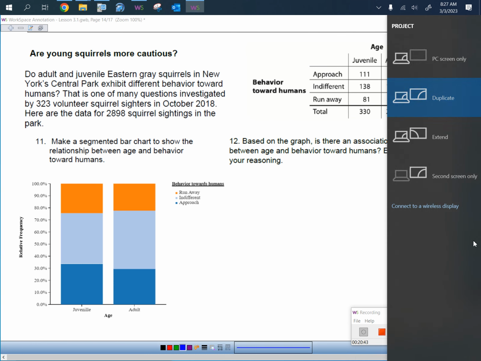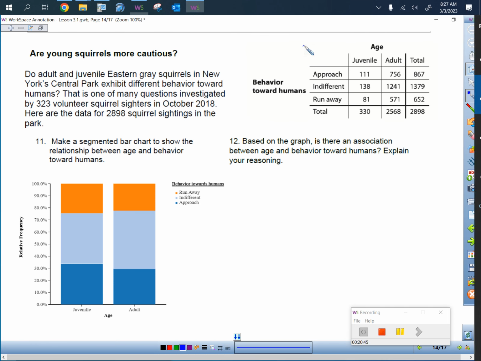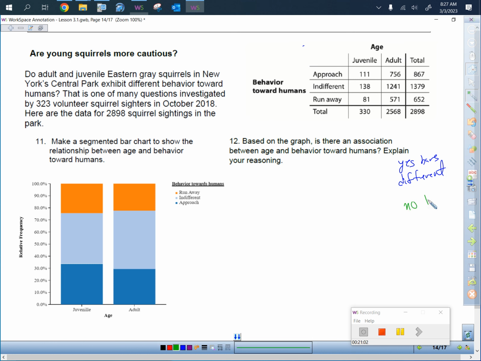You would say yes if the bars are different, so that when we take our quiz later, yes if the bars are different. By the way, this quiz will be after spring break. Yes if the bars are different, and no if the bars are exactly the same. There would be no association if the bars are exactly the same.